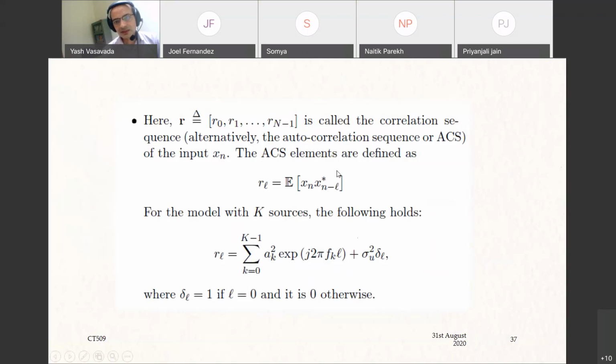The specific statement that we are making is that the answer of this expected value is independent of n. It doesn't matter what time index you are considering. The answer that you are going to get is dependent only on the small l, and that is why the left-hand side is indexed only with the subscript l.